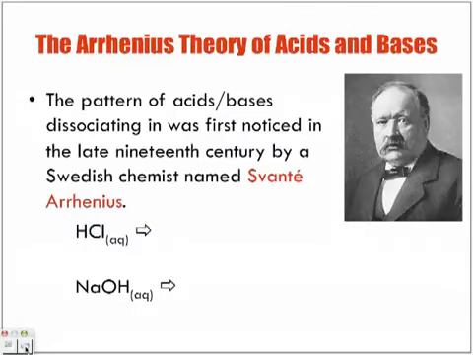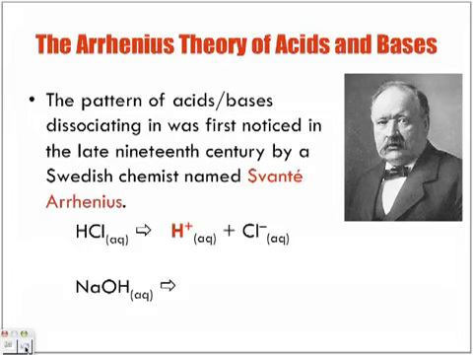The Arrhenius theory of acids and bases. The pattern of acids and bases dissociating was first noticed in the late 19th century by the Swedish chemist Svante Arrhenius. Dissociation is where a compound breaks apart into its respective positive and negative ions.